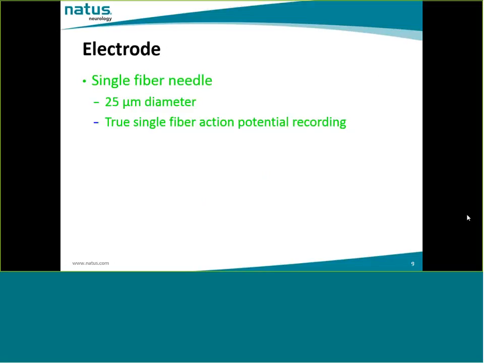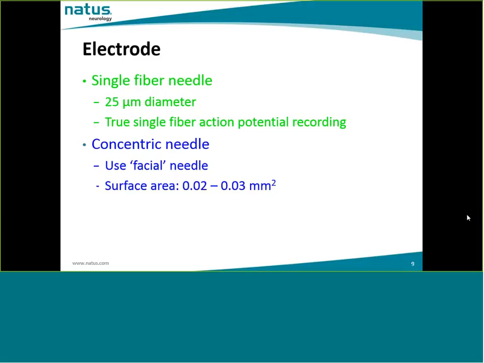As a result, it has been recommended that we can use concentric needles for jitter analysis, but with a few qualifications. We must use the so-called facial or pediatric needle. It has a smaller recording surface, only 0.02 to 0.03 square millimeter.